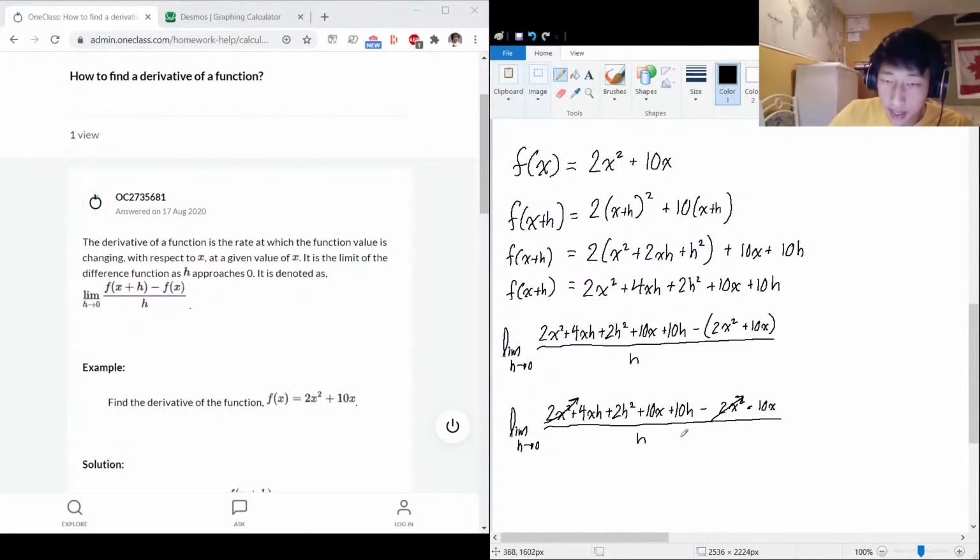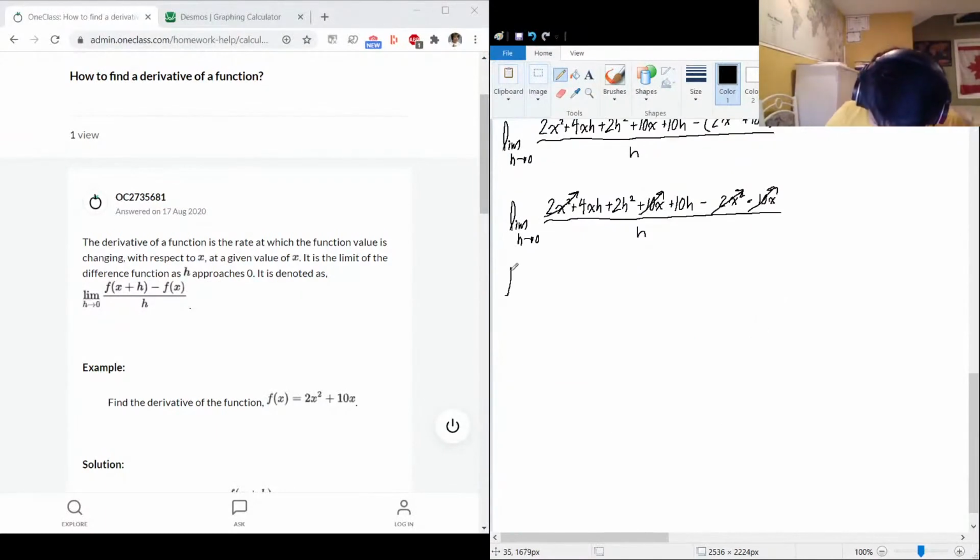We have a positive 10x and a negative 10x. So those zero each other out as well. So let's see what we have left that is not zeroed out. Limit h approaches 0. 4xh, that was not zeroed out, plus 2h squared, also not zeroed out, plus 10h, that was not zeroed out, all divided by h.